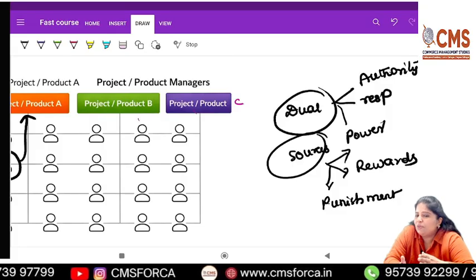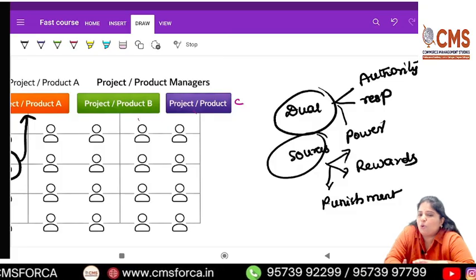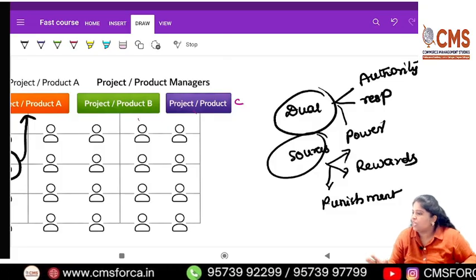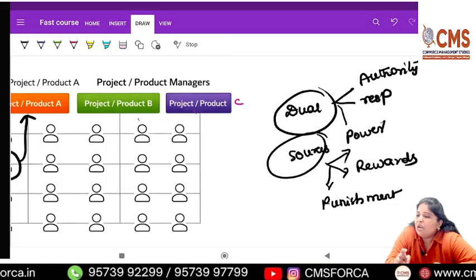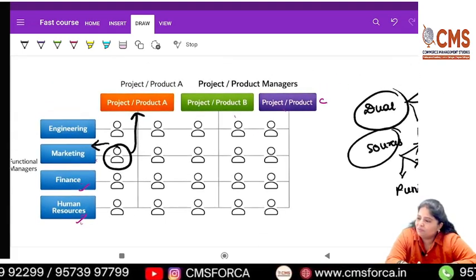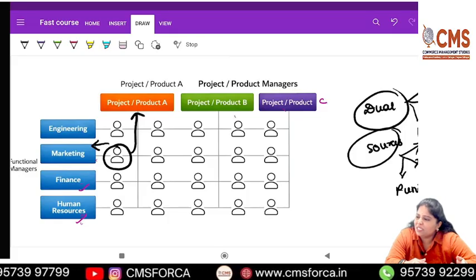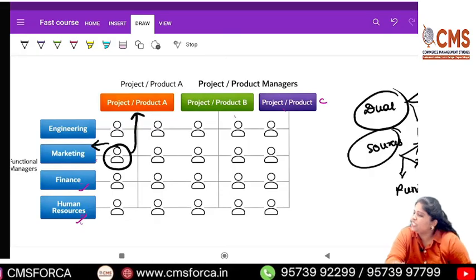Without a strong communication network and proper training and expertise given to the employees, matrix structure won't be that helpful. And moreover, see how many managers you have here? Project managers, functional managers, and both feel they have the same stature.